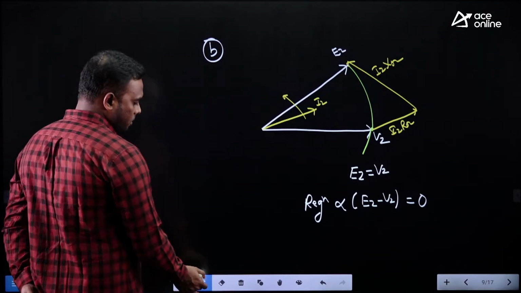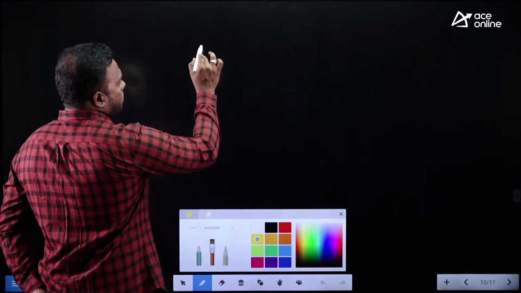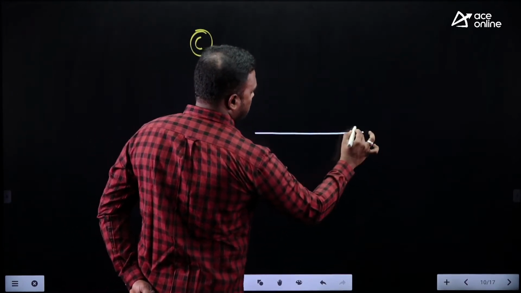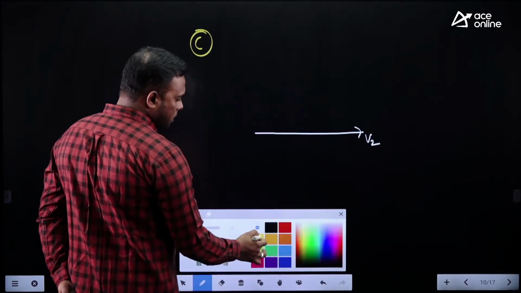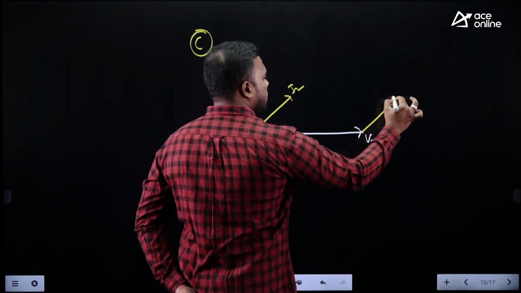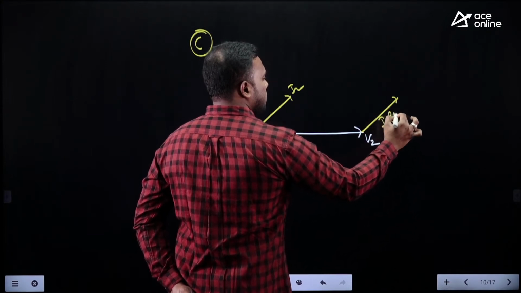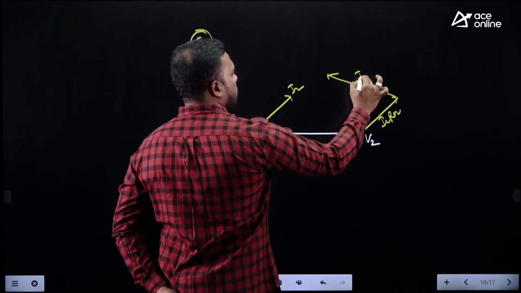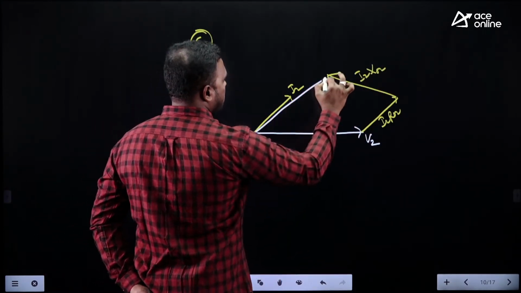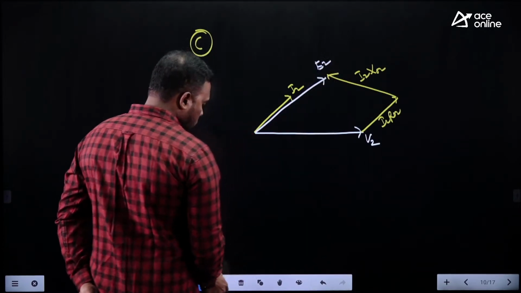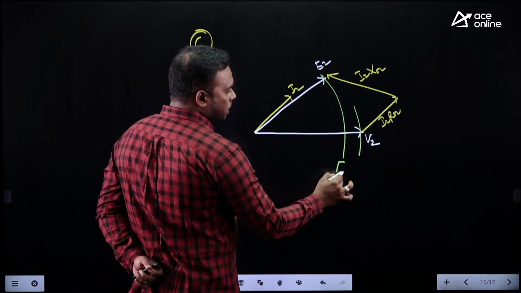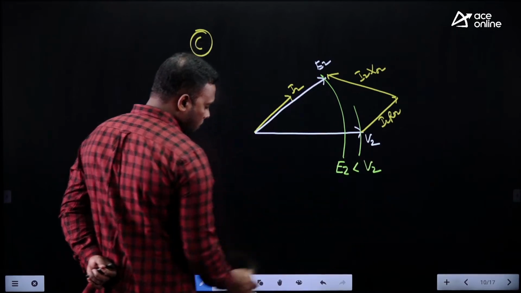Okay, let's see the third subcase. Considering the same V2 as reference, current I2 is still more leading than previous. This is I2. I2R02 is parallel to, or in phase with, the current, and I2X02 is perpendicular to this. Then the resultant of these three is E2. Now what is the magnitude of E2 compared to previous? It reduces below V2. As E2 is now less than V2, the regulation we get is a negative value.